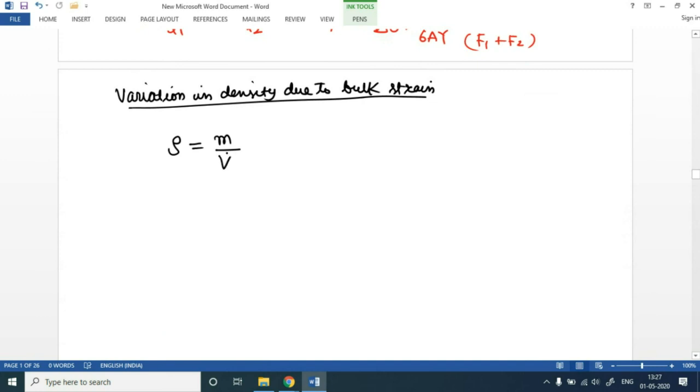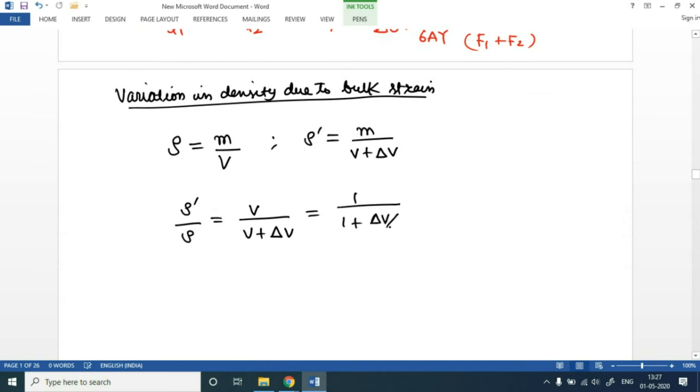And if we put it under some strain or bulk strain, its density will be changing, like rho dash can be written as mass, which will not change, and let's say volume is changing to v plus delta v over here. So this is the expression, and if we write rho dash by rho, this will simply give us v upon v plus delta v, and rearranging that you can write it as 1 upon 1 plus delta v by v.